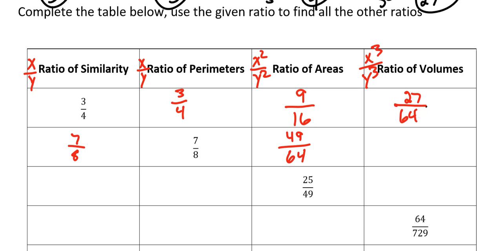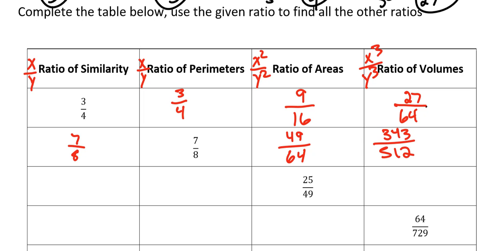And then the volume ratio is cubing both of those terms. So 7 cubed is 343, and 8 cubed is 512.